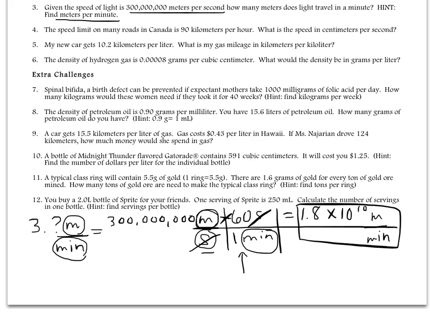So that would be my final answer. Alright, so make sure you've got that all written out, and then I am going to erase this, and we're going to do one more together.